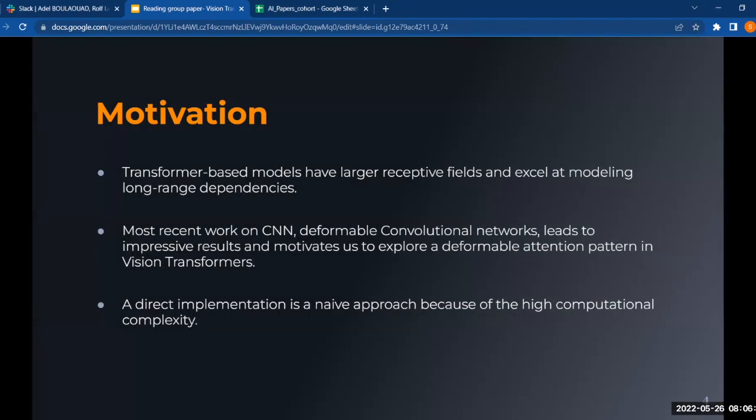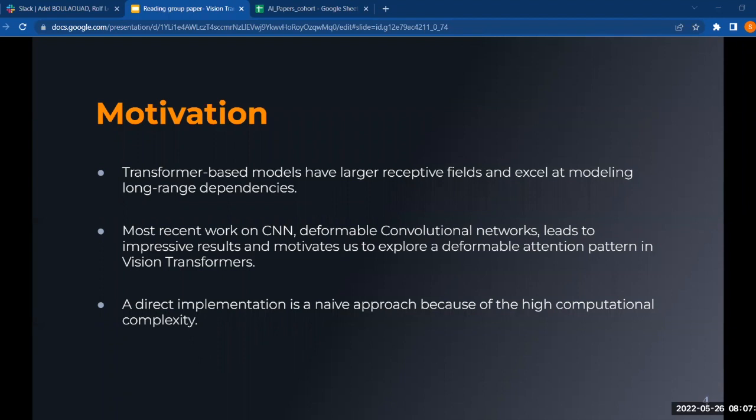Motivation. Yeah. Okay. So now transformer-based models have larger receptive fields and excel at modeling long-range dependencies compared to CNNs, which makes us want to further research in order to improve it. Most recent work on CNNs and deformable convolutional networks leads to impressive results and motivates us to explore a deformable attention pattern in vision transformers.